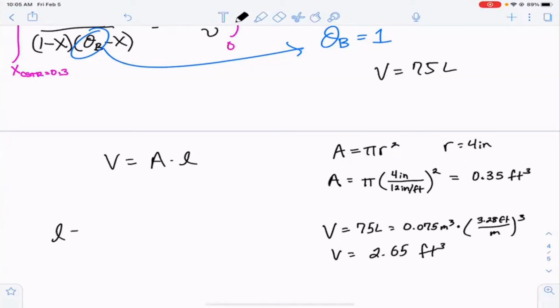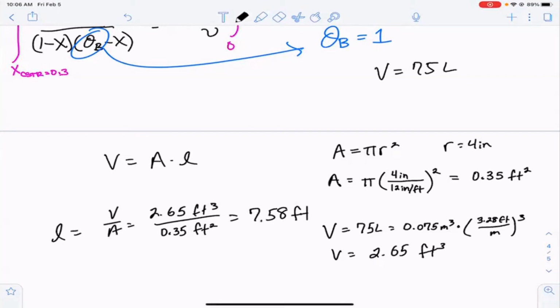So our length is just the volume over the area, which is 2.65 cubic feet divided by 0.35 square feet. Sorry, I wrote cubed before. There we go, that's fixed. The length that we calculate is 7.58 feet, which would be the length of the reactor to achieve that conversion.